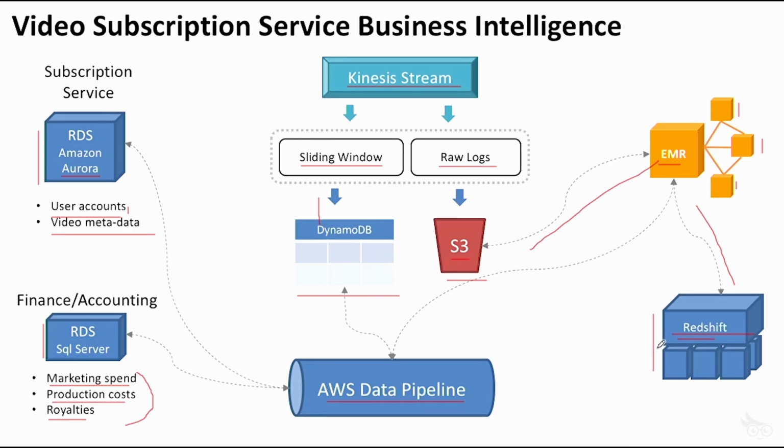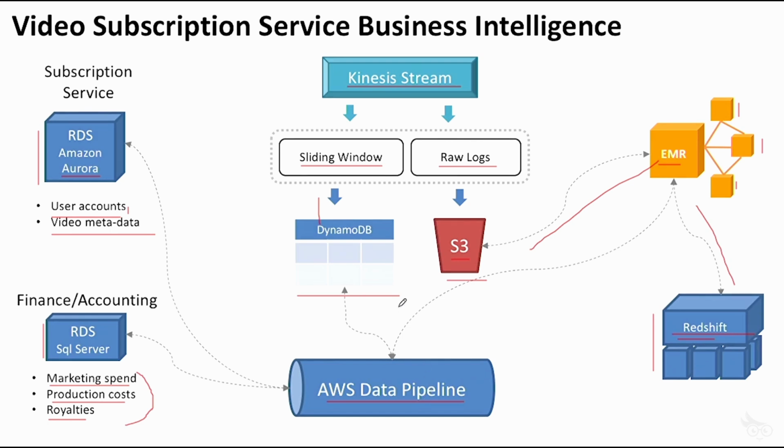We also can look at our user accounts and the money that we're spending and determine what our user churn rates are. This month versus last month, how many users signed up versus how many users canceled their account.